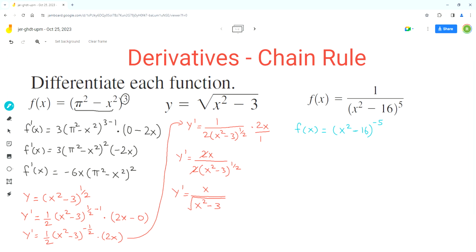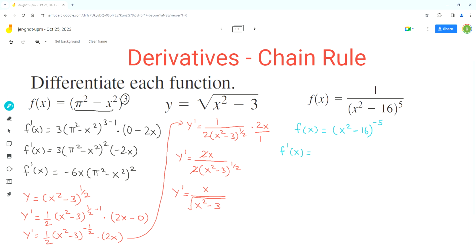Now we can use the chain rule to find its derivative. So the inner function is x squared minus 16 and the outer function is the exponential function with the exponent negative 5. So as per chain rule, we start with the derivative of the outer function.